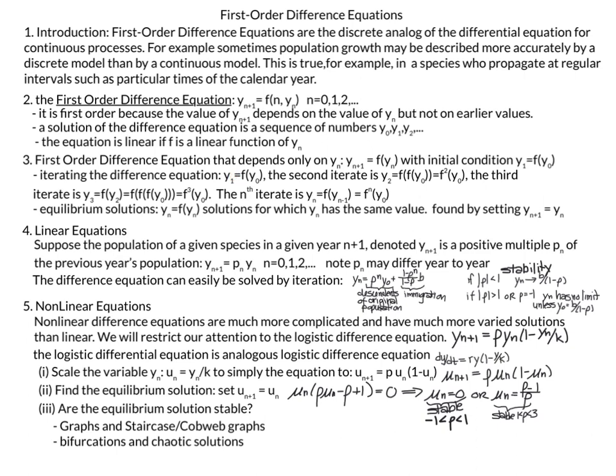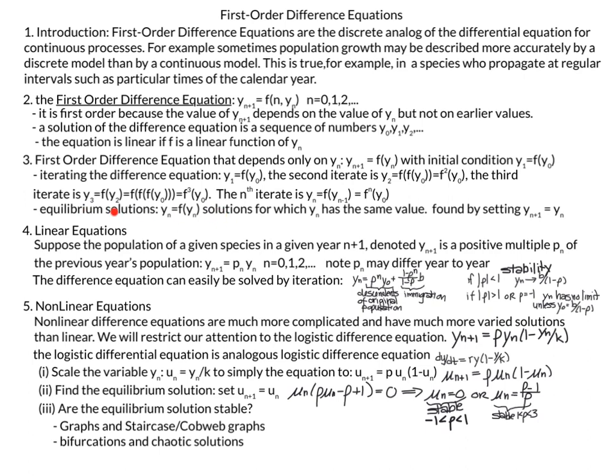So y_1 would be equal to f of y_0. The second one, y_2, is equal to f of y_1, which is equal to f of f of y_0, which is y_0 with f applied twice. The third iteration is y_3, equal to f applied 3 times to y_0, and the nth iteration is f applied n times to y_0.